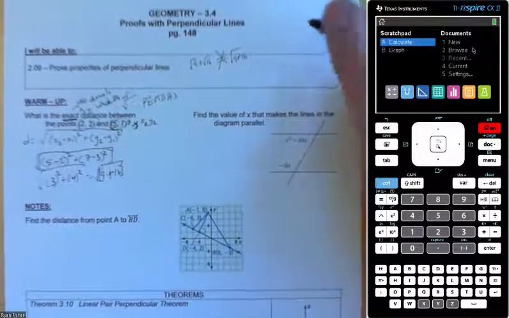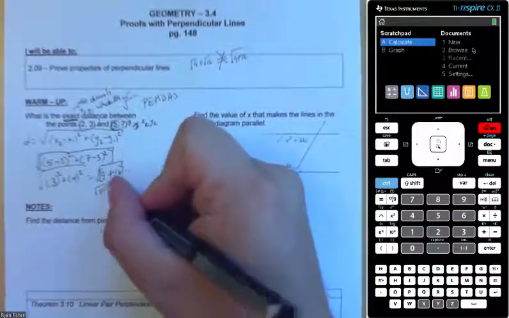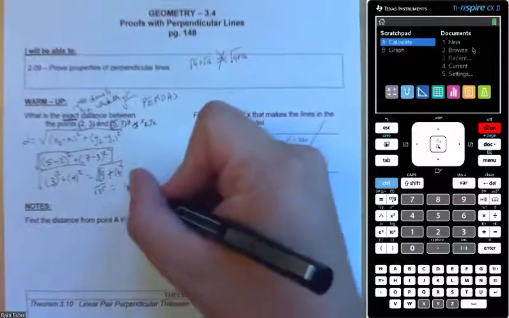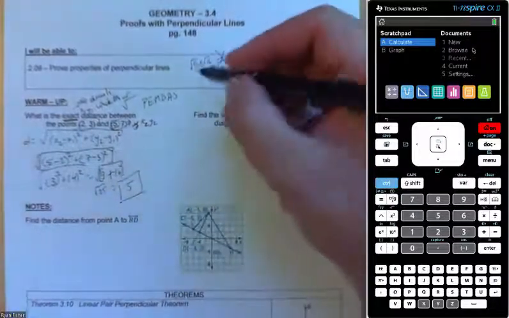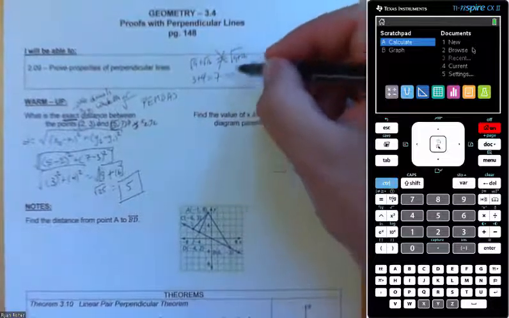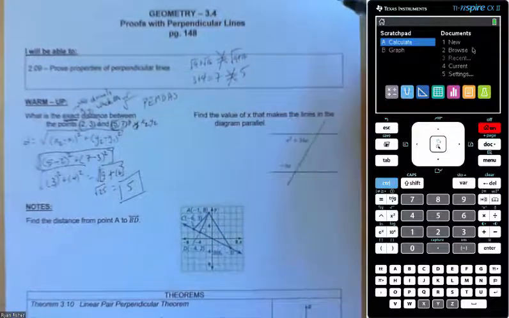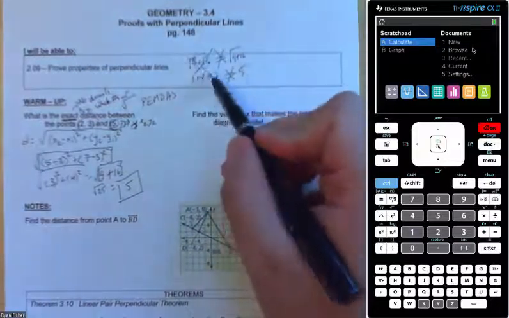You can quickly check that because 9 plus 16 is 25, and the square root of 25 is in fact the whole number 5. The exact distance is 5. If you did try to do these separately, you'd get 3 plus 4, which is 7, and 7 is not equal to 5. One of these two is wrong. It was this one. We do not do that.